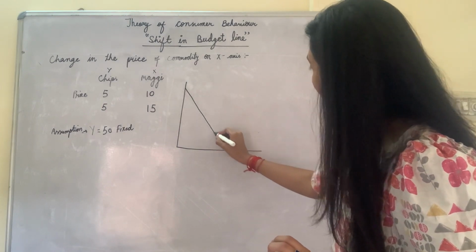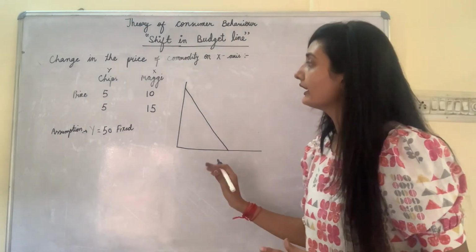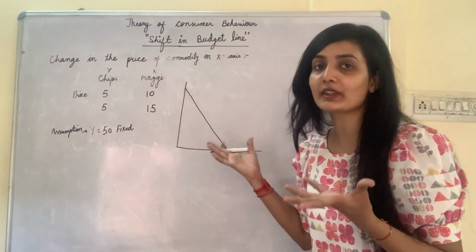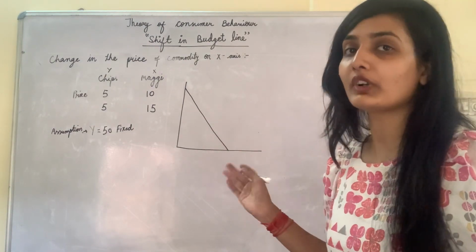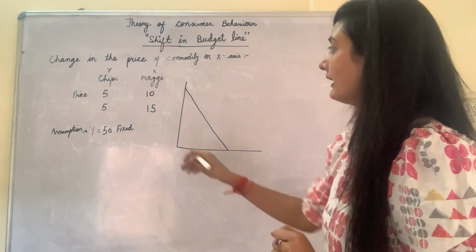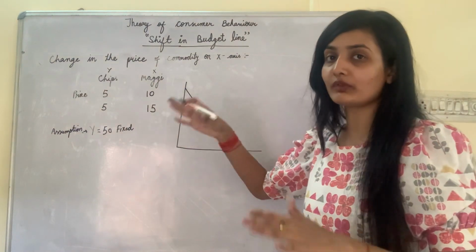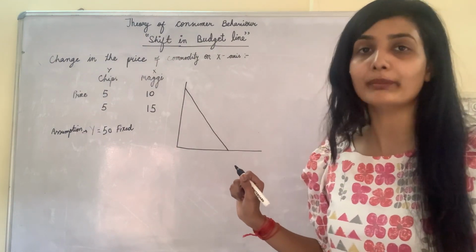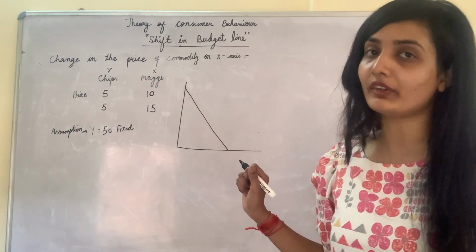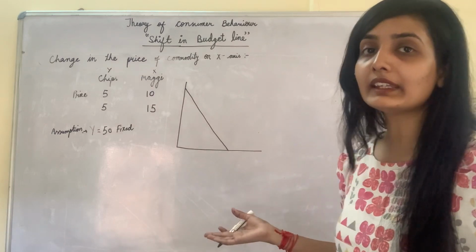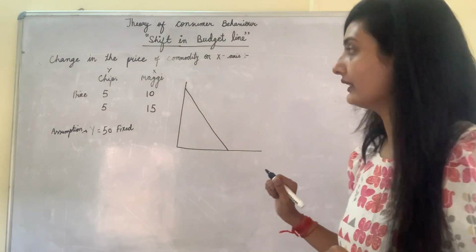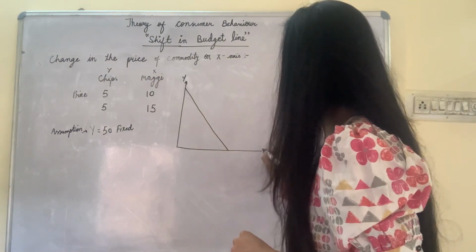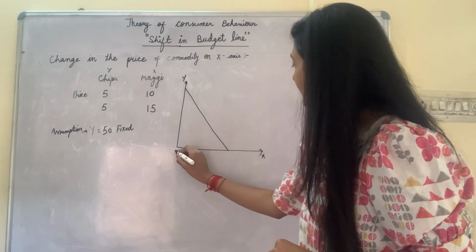If this is our budget line and we assume that the price of Maggi is represented on the x-axis, what happens to the budget line if we increase the price of Maggi, and if we decrease the price of Maggi? So this is our y-axis and x-axis.